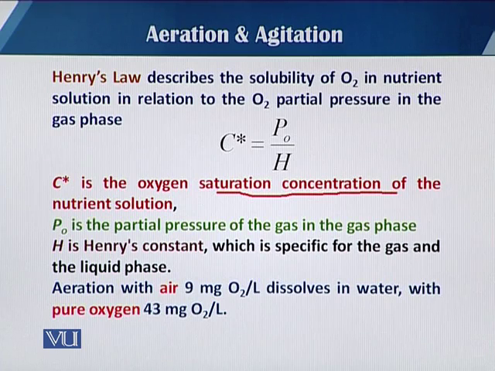But with pure oxygen, it has 43 milligram of oxygen per liter. So when we supply pure oxygen, there will be more solubility and more provision of oxygen into the fermentation medium. So this is Henry's law.